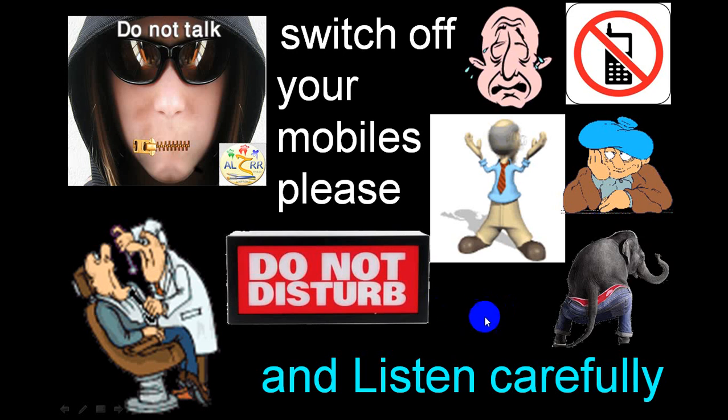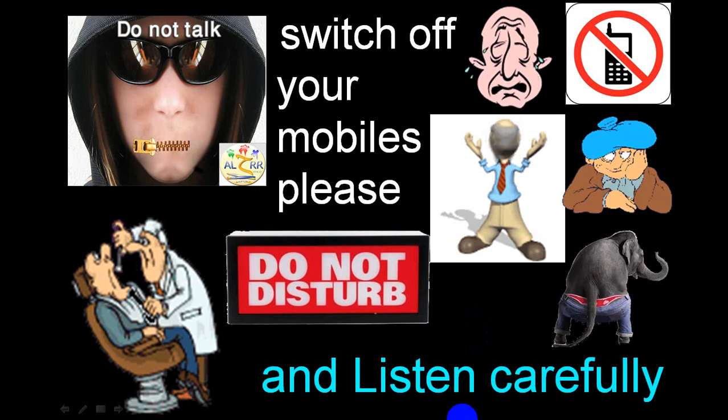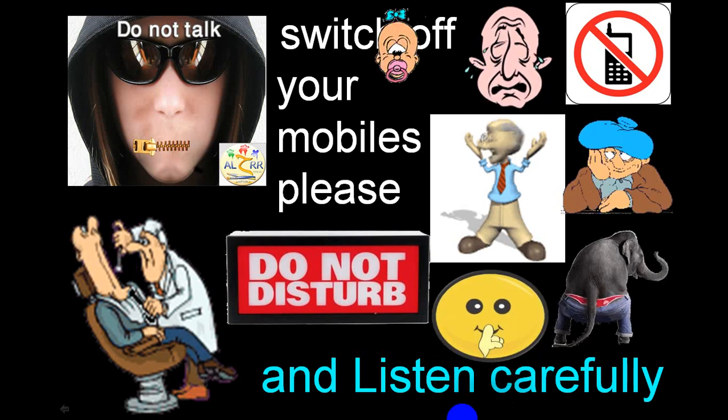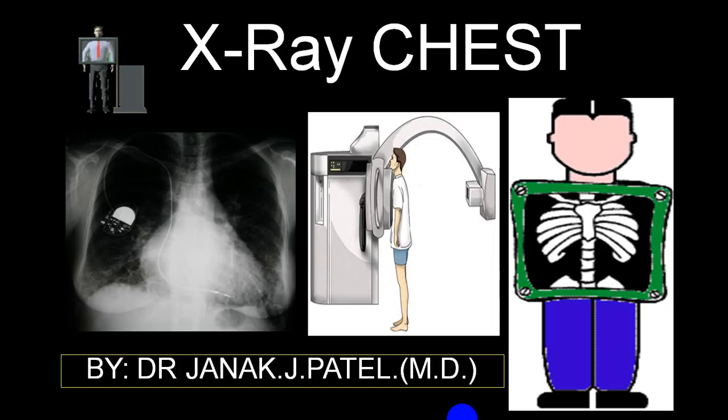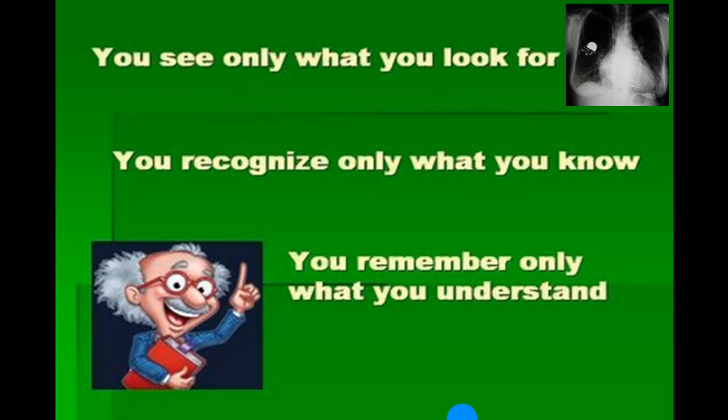So today we are going to discuss one important finding which you can see on an X-ray chest and which will help you to identify certain conditions, which we call the Silhouette sign. So we'll be discussing that particular topic. I'll make the topic as simple as possible so that you can understand.